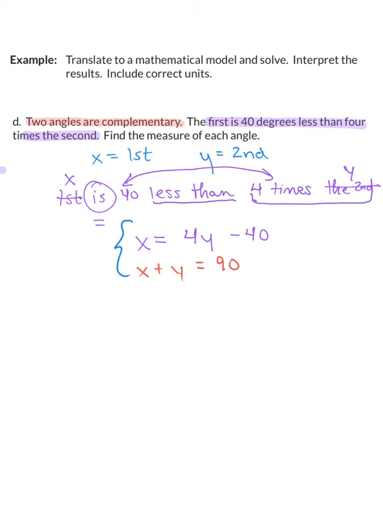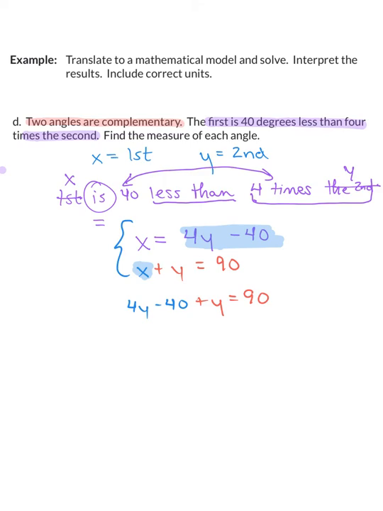So I want to take my 4y minus 40 and plug it in for x. If we do that, we get 4y minus 40 plus y equals 90. Hopefully you followed along with that.